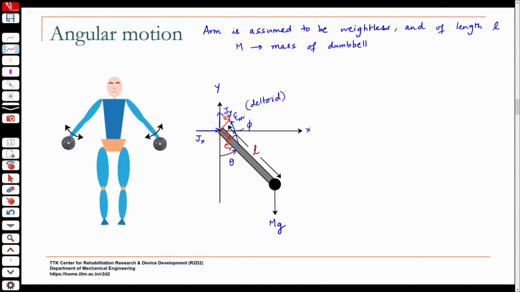For rotational motion, it is convenient to have Er as your radial direction, and E theta is the unit vector along the tangential direction.